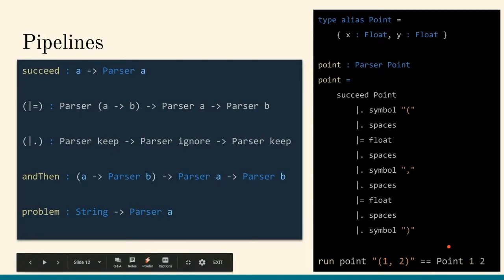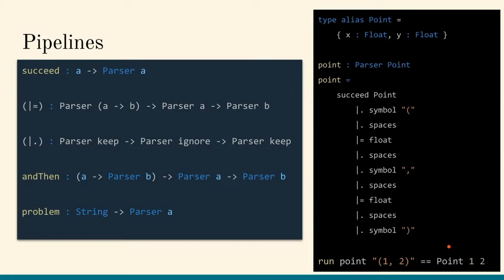That's how it works. It may take some time if you are not familiar with functional programming. It takes some time to twist your brain to understand how it works.